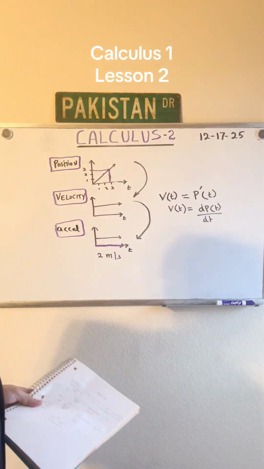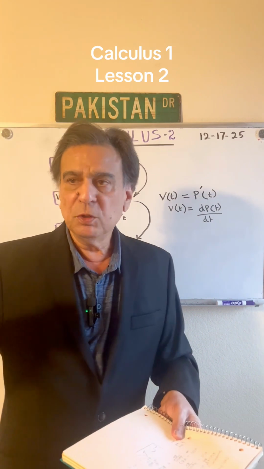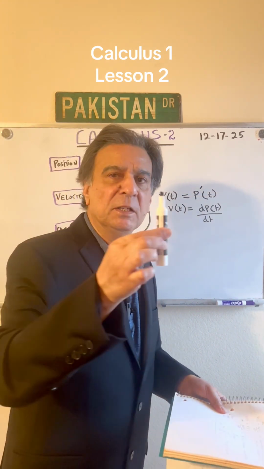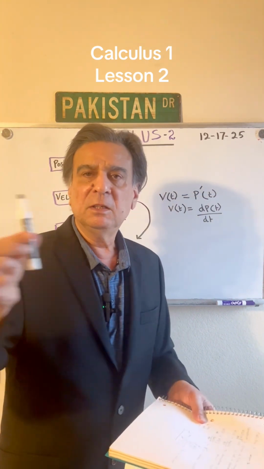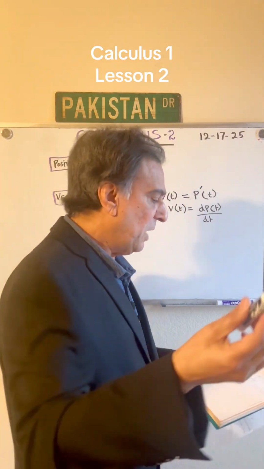Now when we come to the acceleration, remember I told you if you're going at a constant speed, there is no acceleration, then the derivative is constant for acceleration. How do we write it?